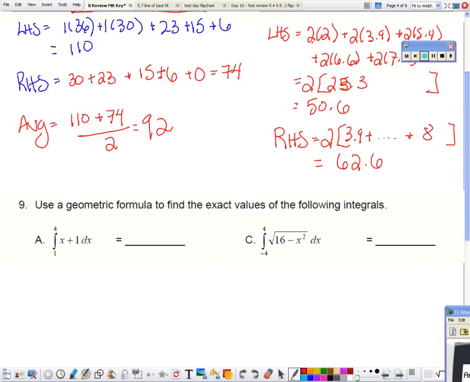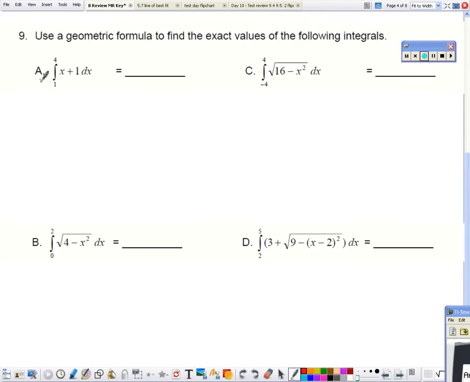Now another way to estimate an integral is to actually look at a shape that the graph would make. So if I'm going to draw 9a, the graph is x plus 1. So it's a y-intercept of 1 with a slope of 1. So we get a straight line like this.